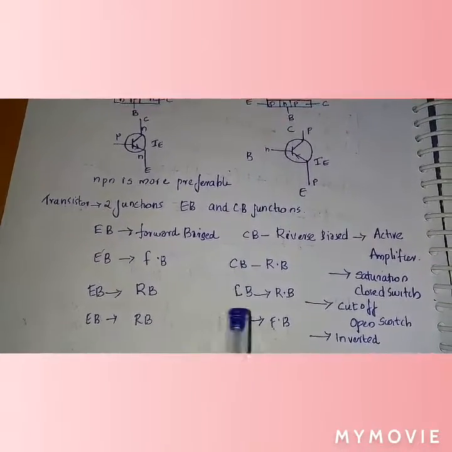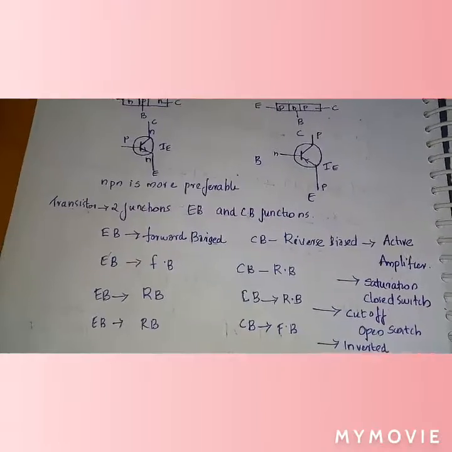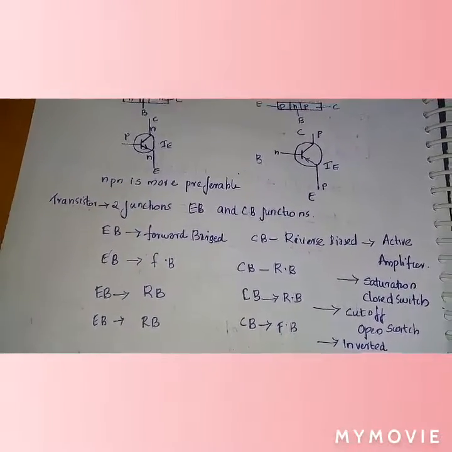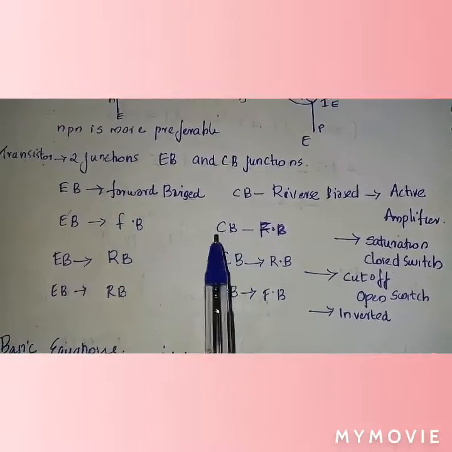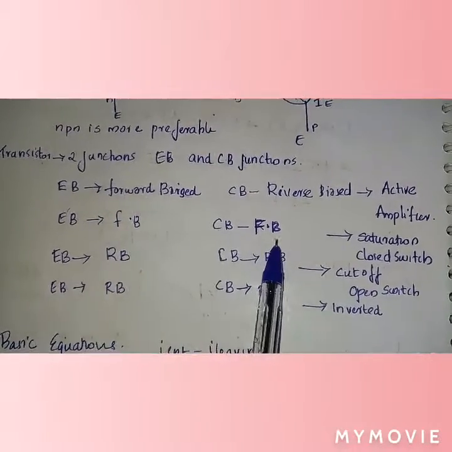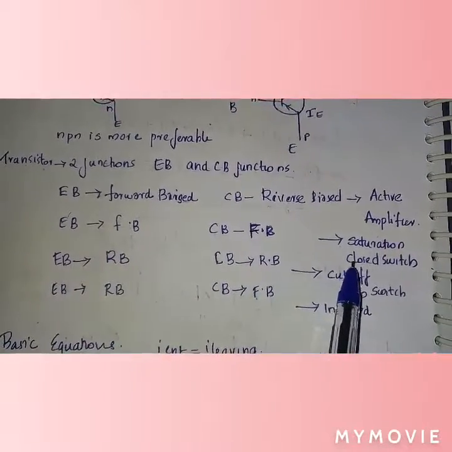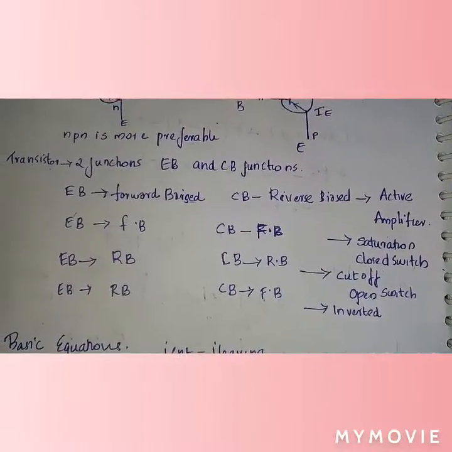This type of biasing is used in an amplifier. When the emitter base junction is forward biased and the collector base junction is also forward biased, this is the saturation region, which is used as a closed switch.